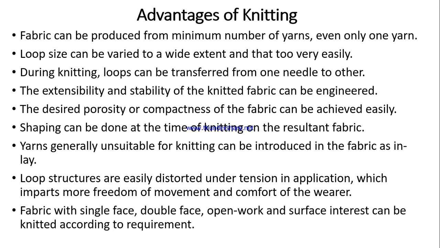The fabric with single face, double face, open work and surface interest can be knitted according to the requirement. So this point you need to understand: the single face structure. That means this type of fabric has two faces, front and back. In the front side there will be a special color and design.